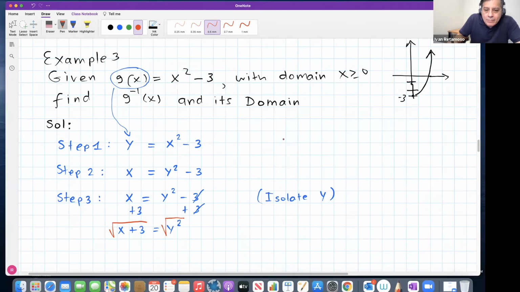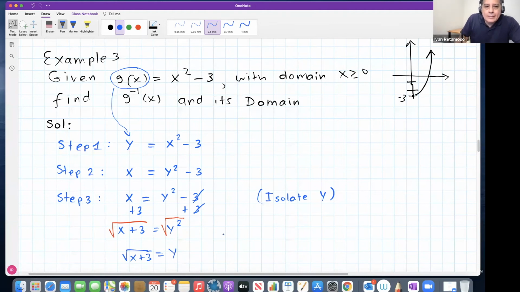So since you are assuming that this guy is just related to this positive part, then you don't have to put the plus minus. The plus minus will be if you were dealing with the whole parabola, but we're going to use just the half, positive half between quotation. So therefore, this will be just y equal a square root of x plus 3.